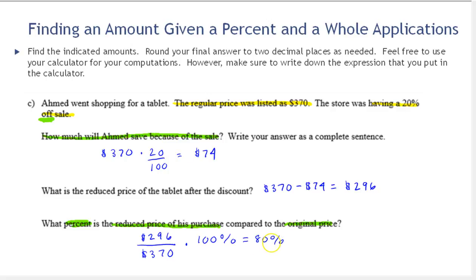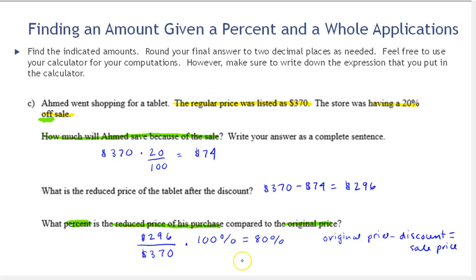So notice the store had a 20% off sale, and that means he paid 80% of the original price. So another way to find this value was original price, or how we found it here, minus the discount equals the sales price, or the sale price.